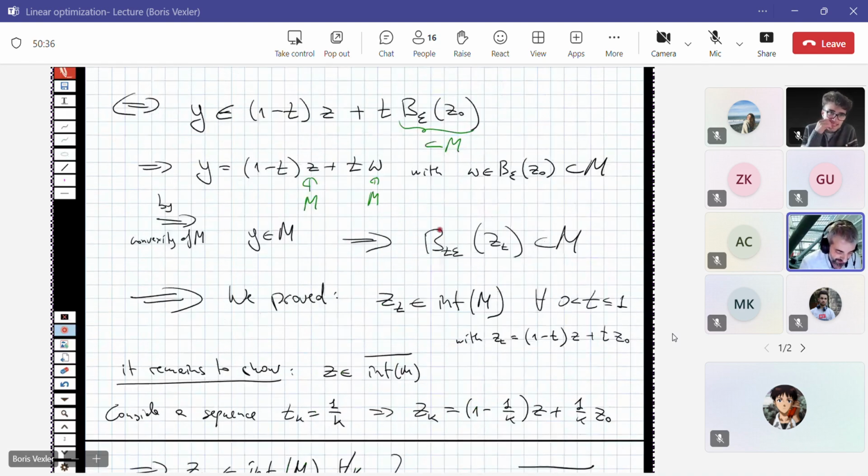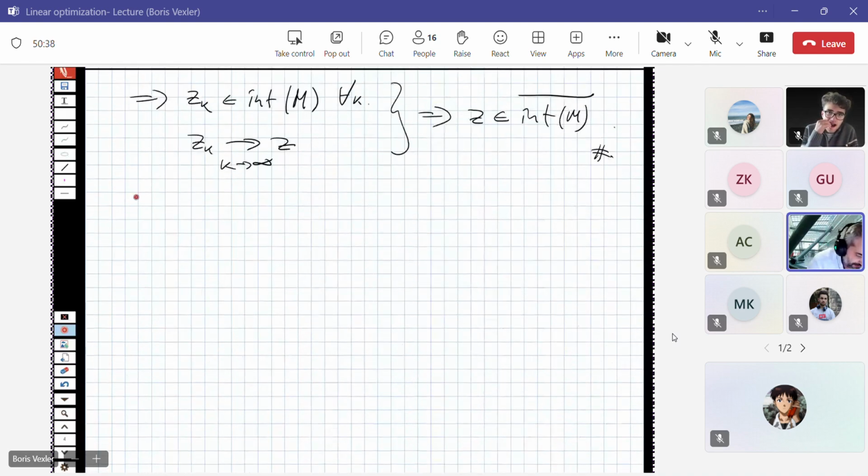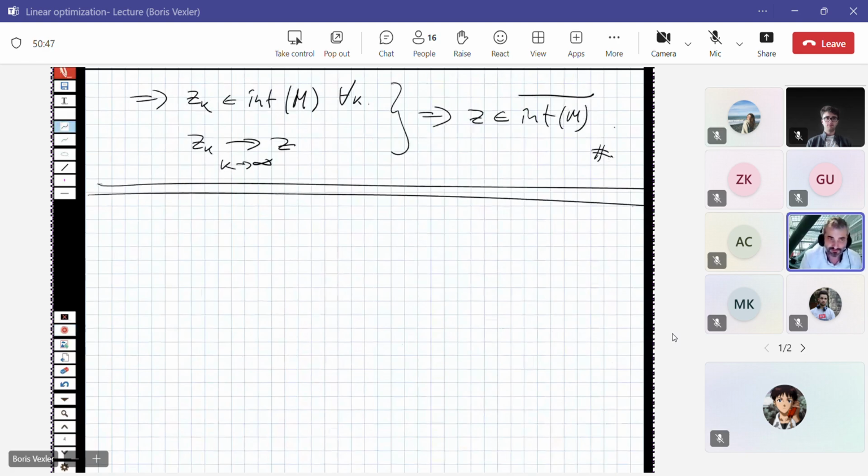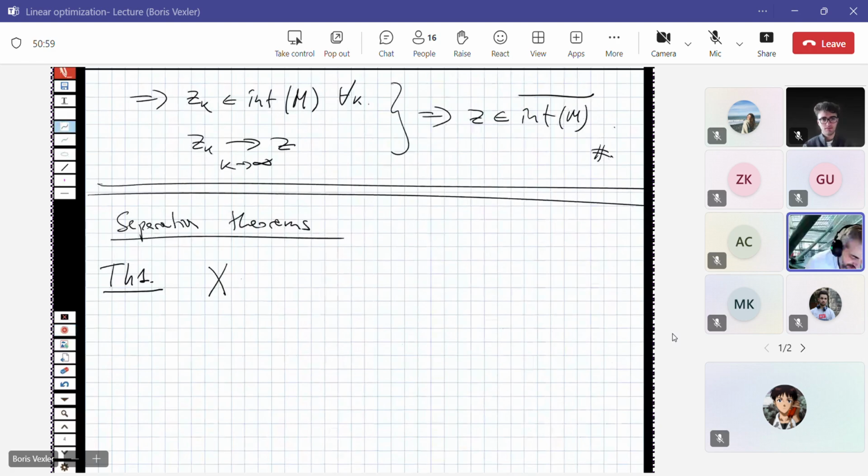And now we come back to the separation theorems, and I recall the separation theorems we proved so far, and then we will extend them a little bit. Okay. We had, let us call it theorem 1. We started with the following: if we take X not empty, closed.